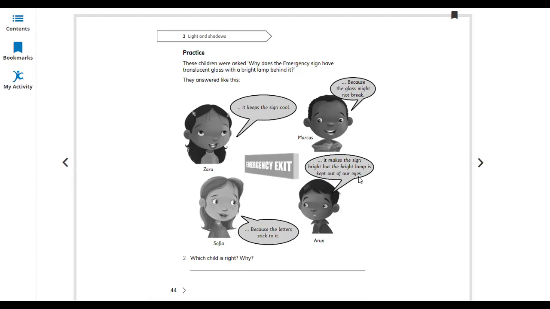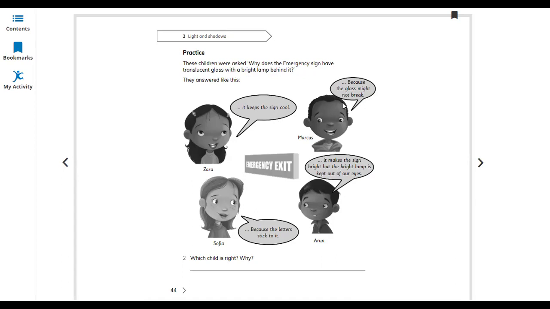Here you can see different students giving different answers. Zara is saying it keeps the sign cool. Marcus said because the glass might not break.